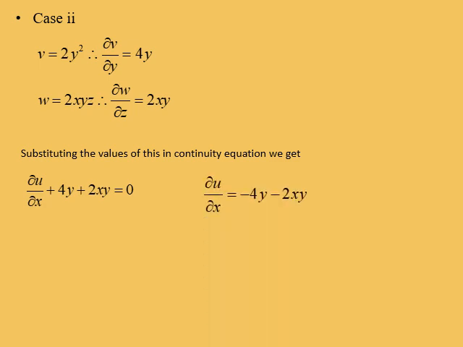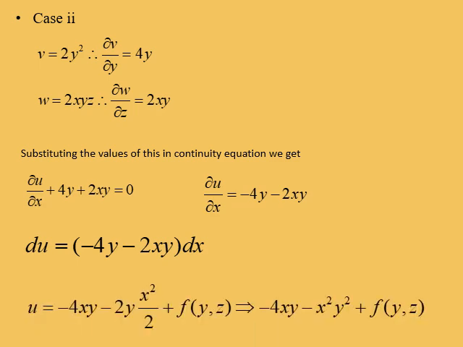Now ∂u/∂x, taking 4y + 2xy to the right-hand side, equals −4y − 2xy. So du = (−4y − 2xy) dx. Simplifying, u = −4xy − 2y·x²/2 + a function of y and z.